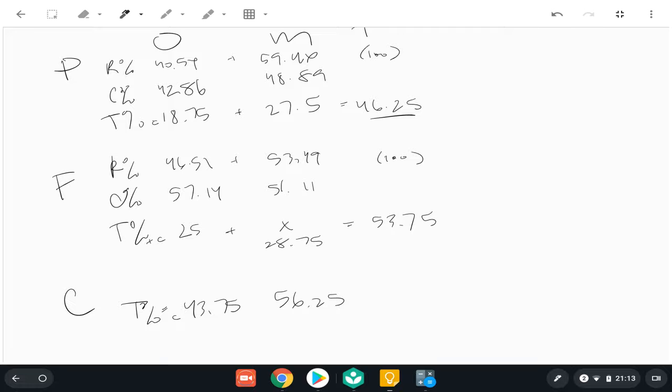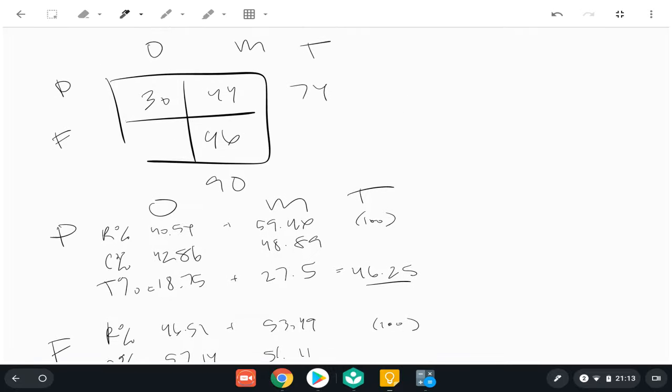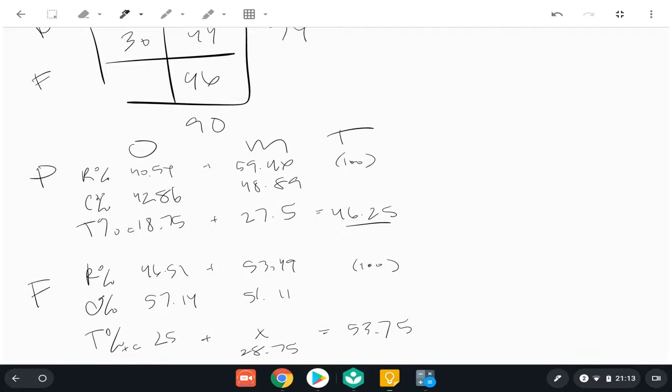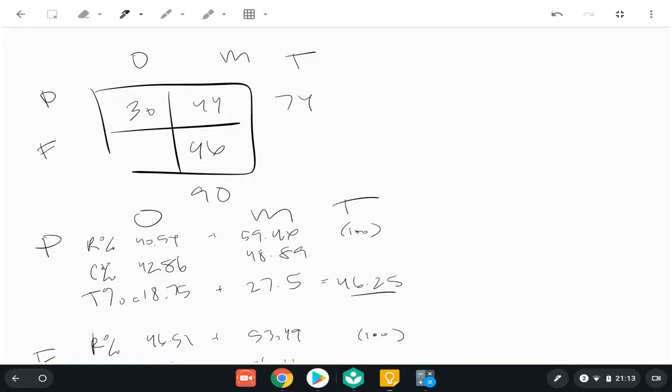Okay, now to find out all of the missing values. So what we know here is that 30, okay, let's confirm some of our math so that we're going to follow our algebra real nice. 30 plus 44 equals 74.